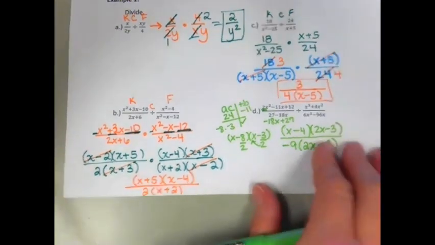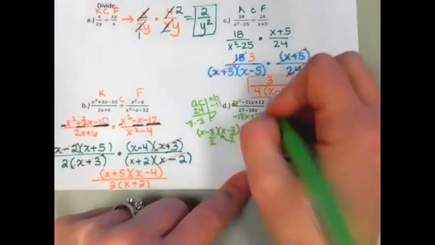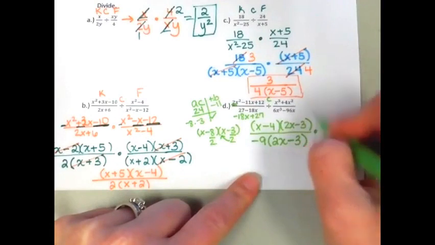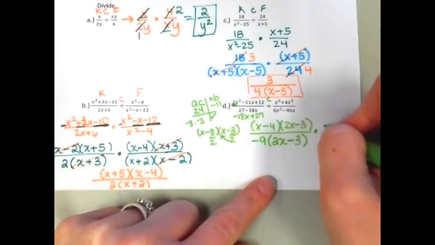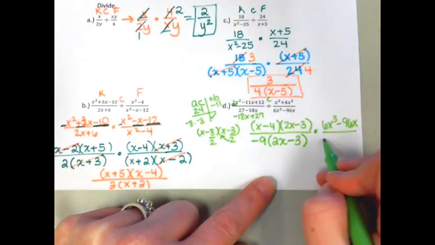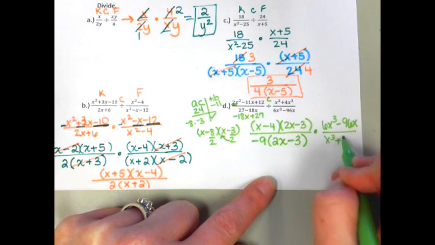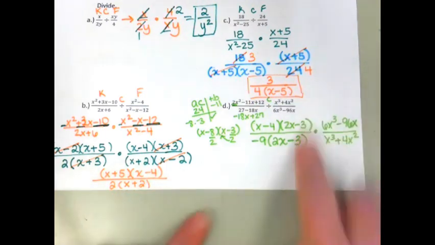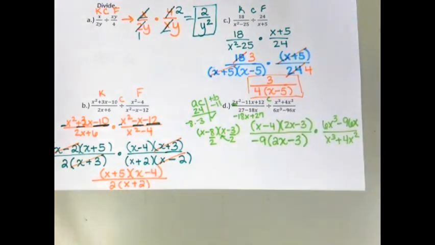So now, we kept the first one. We're going to change to multiplication, and we're going to flip this one. So we have 6x cubed minus 96x over x cubed plus 4x squared. So now we got to factor this side, okay? So what is my GCF between 6x cubed and 96x?